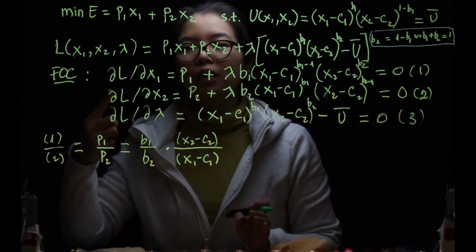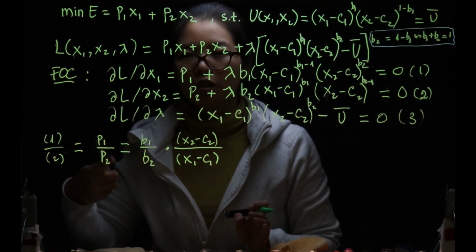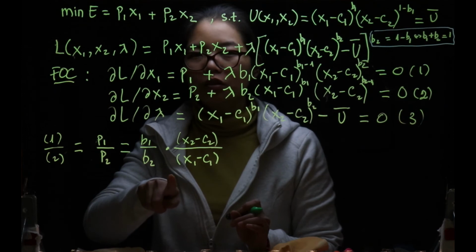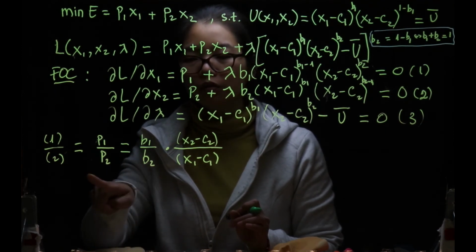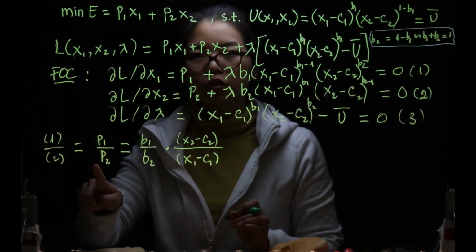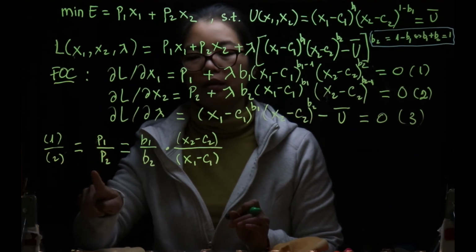So there must be something similar underlying this first order condition, which is that the marginal rate of substitution again must be equal to the ratio at which the two goods are traded on the market, which is the ratio of the prices.